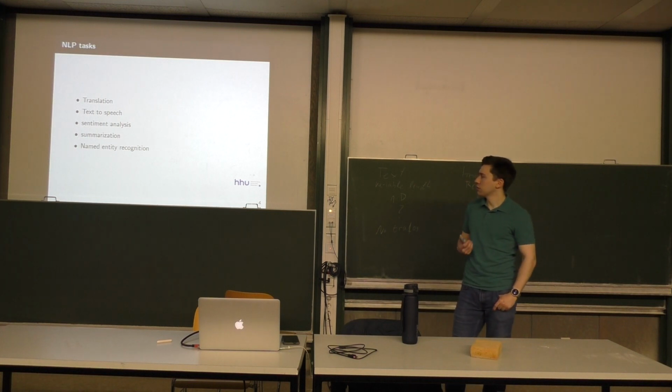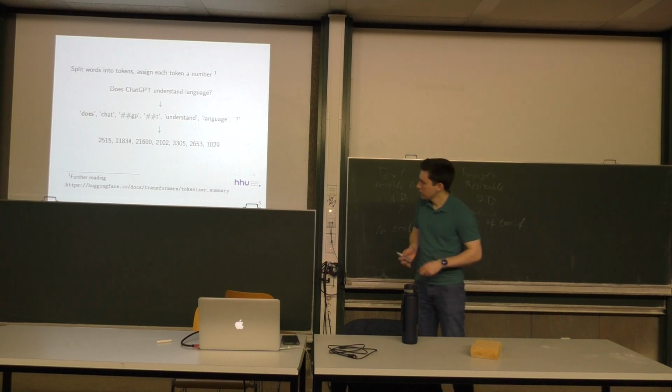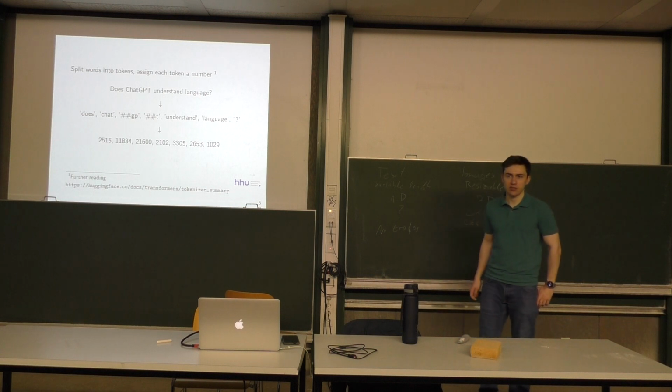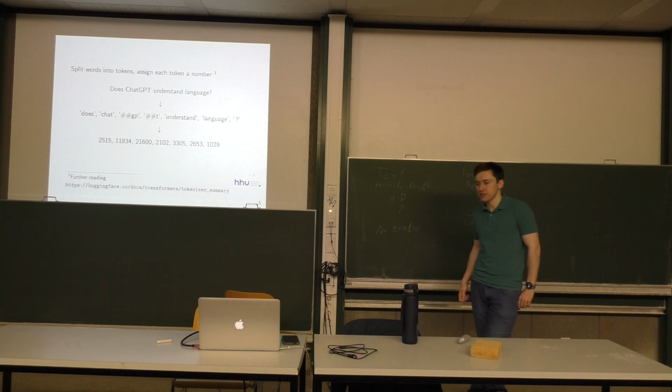But before we can go further about all that stuff, we have to talk about tokenization first. I won't go into detail there because that's not the focus of this lecture. But basically, we assign each word to a token, and some more or less common words are split into multiple tokens.